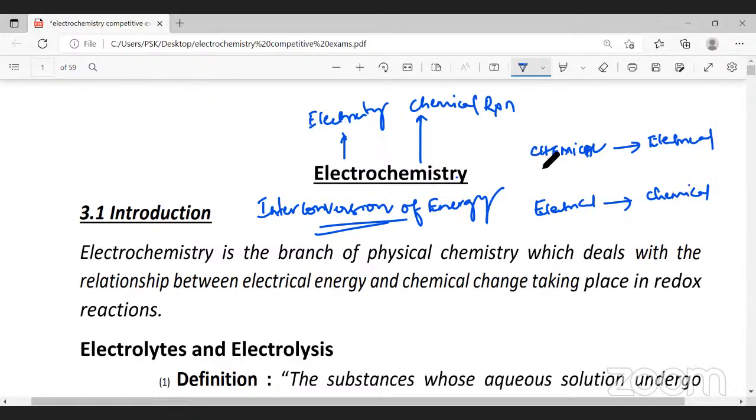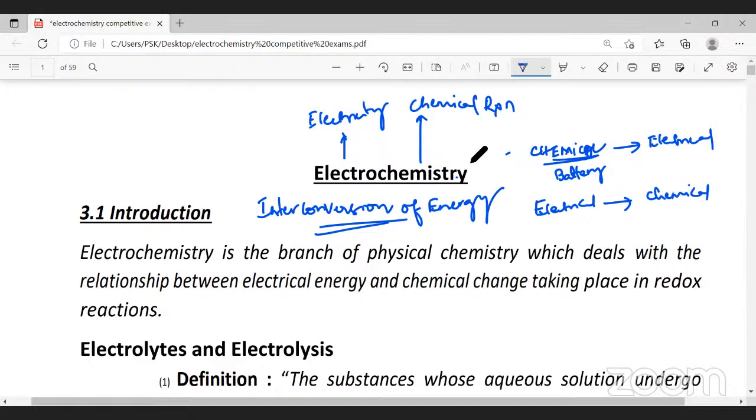For example, when we talk about a battery, whether it's a pencil battery, a car battery, or a mobile phone battery, there are chemicals inside. A mobile phone battery is also called a lithium ion battery. A chemical reaction takes place in the battery so that electricity is produced. So chemical energy is converted into electrical energy.